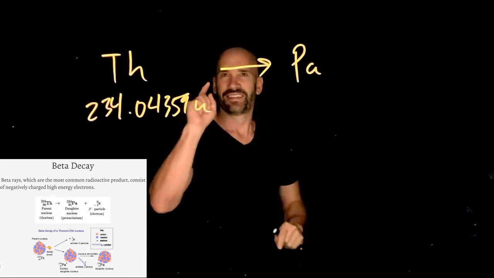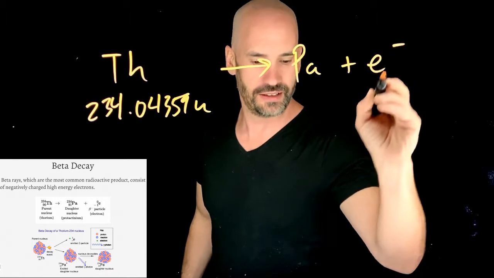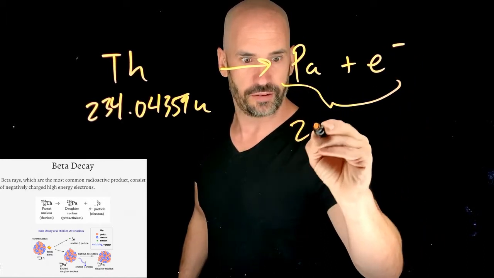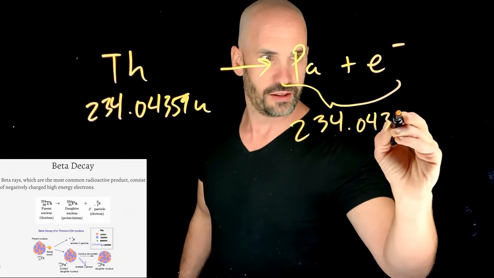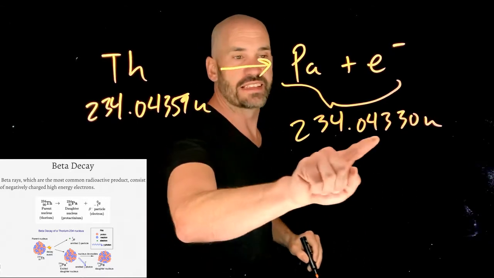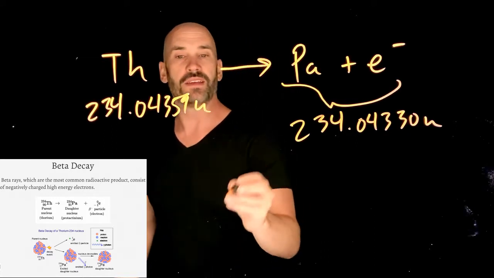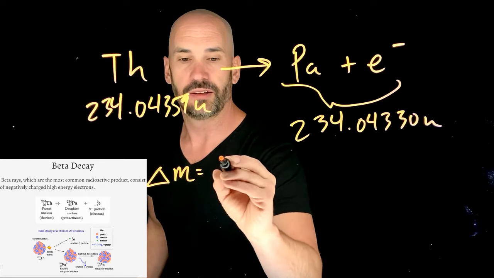Look it up and let me know what it is. All right. Plus the electron. These together have a mass of 234.04330 U, right? Notice this is slightly less than this. True story.